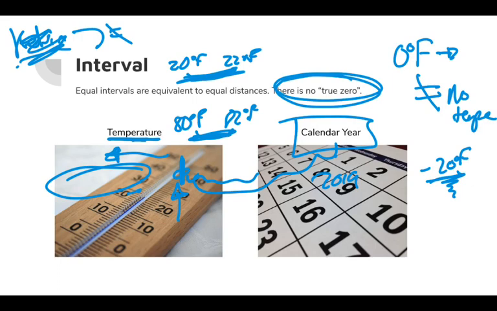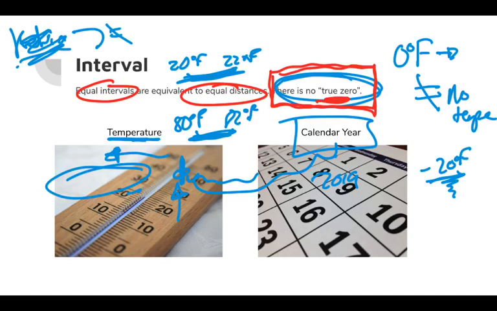Still, the calendar year is a type of measurement where there is not a true zero, and equal intervals are equivalent to equal distances. Two years today is the same thing as 2 years 100 years ago. That amount of time isn't any different. So those are the interval type values, and what you're really looking for is the true zero marker. Is there a true zero in the data set?